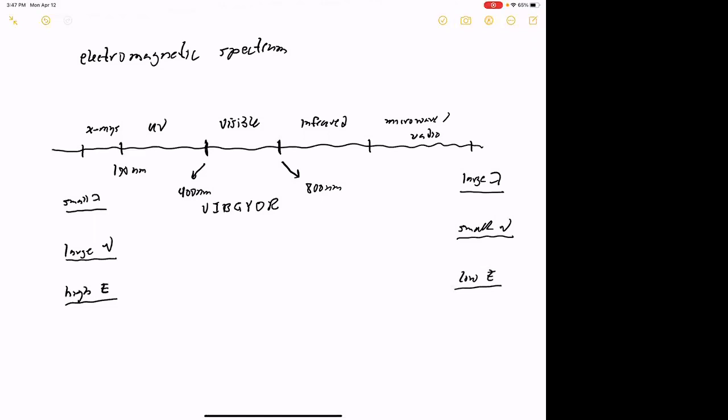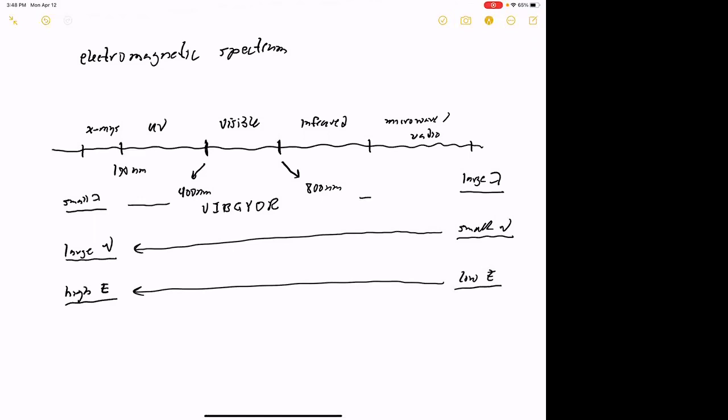You can actually see what's happening there. If we go from a small frequency to a large frequency, low to high, we go in that direction, right to left. But for wavelength, we kind of go the opposite way. From small to large, we go left to right. So you can see those inverse dependencies that we've talked about.